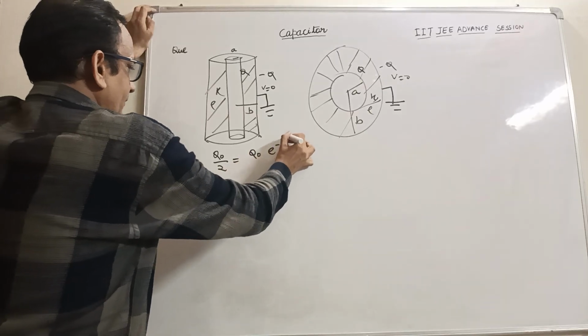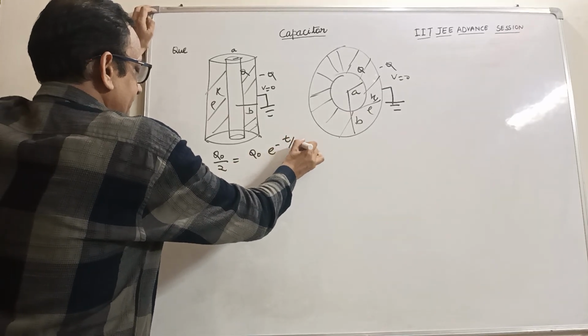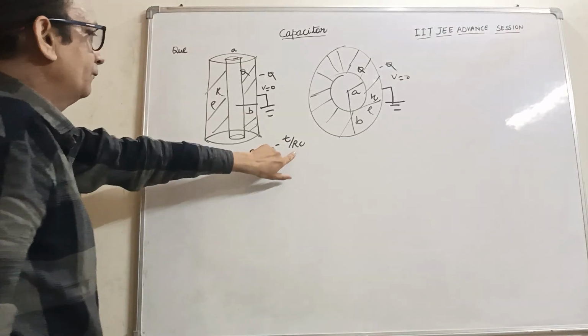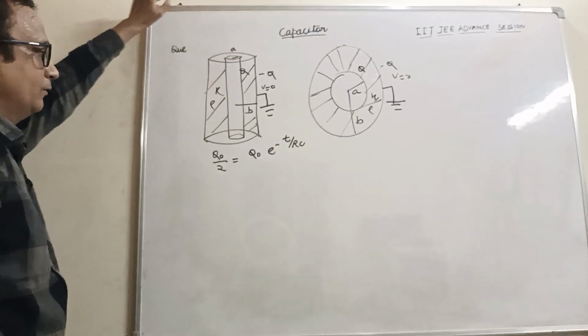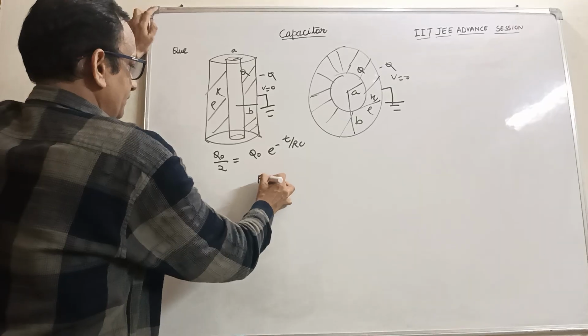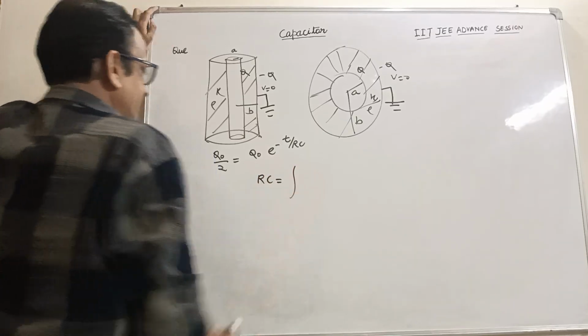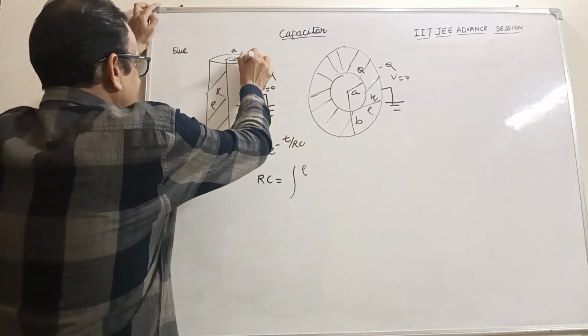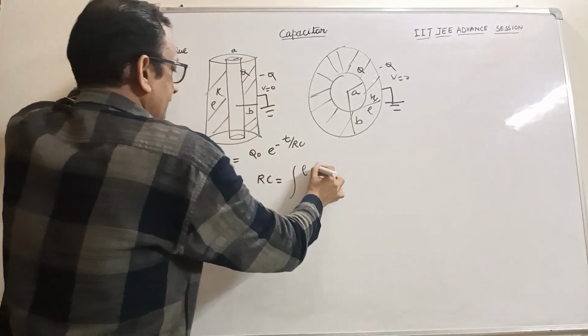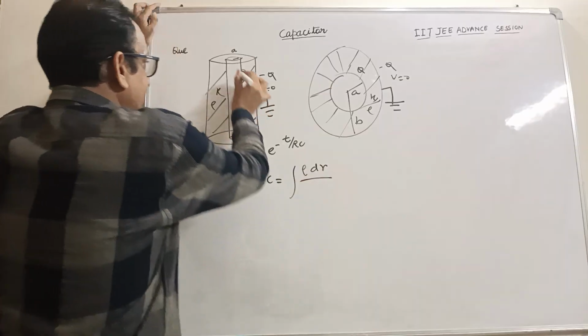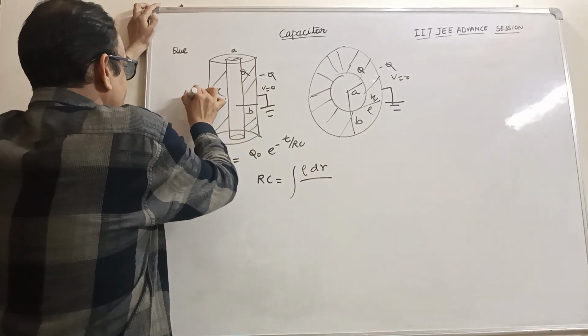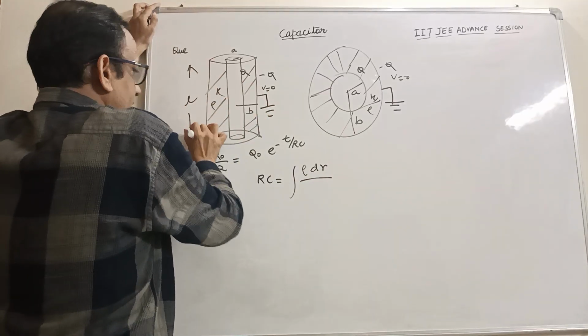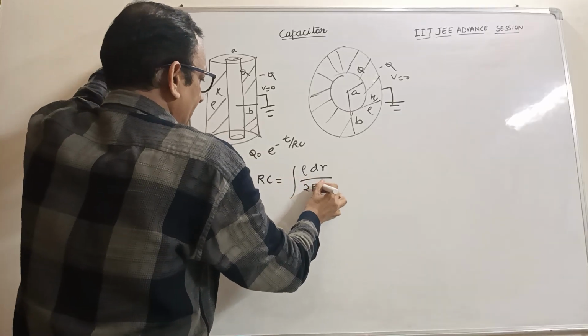This is e raised to power minus t by RC. So we have to find RC for both scenarios. For the first scenario, RC would be the integration of R, resistance. We take a step of dr distance. Suppose the length is L. So the area becomes 2 pi rL.